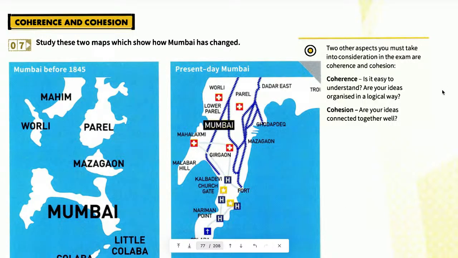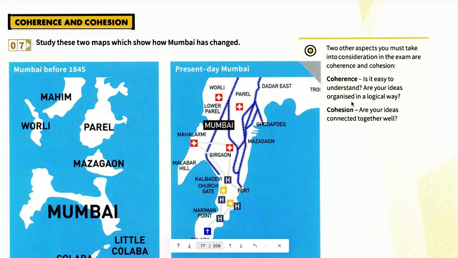Here, for example, you can read on the right side. Ngọc Anh, read that. Two other aspects you must take into consideration in this exam are coherence and cohesion. Coherence is easy to understand.